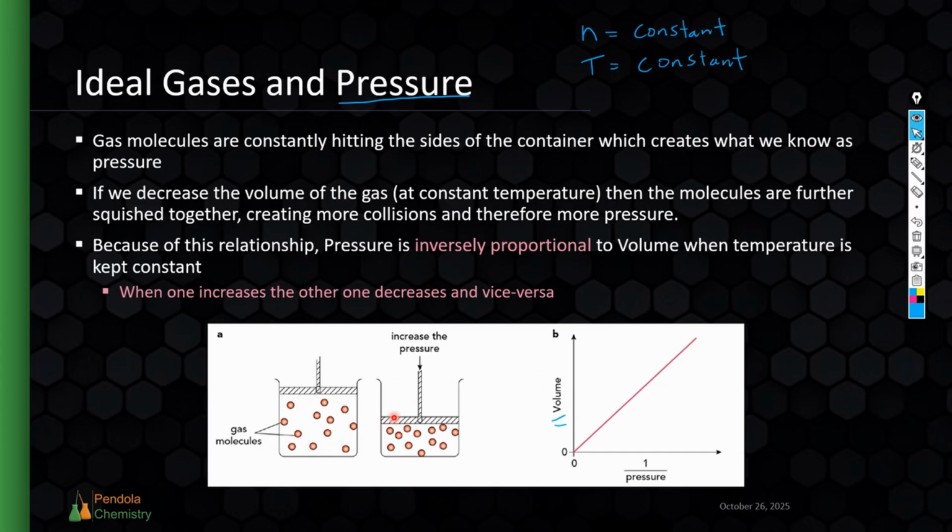Well, if we decrease the volume or increase the pressure, because they're related to each other, so if we push down on this piston and cut the volume in half, or another way to look at this is if we put pressure on this piston and push it down, that cuts the volume in half, which means that the same number of molecules, because again, moles are constant, all those 12 molecules in this diagram are now closer together, have less empty space between them, and they're bouncing into the sides of the container more often.